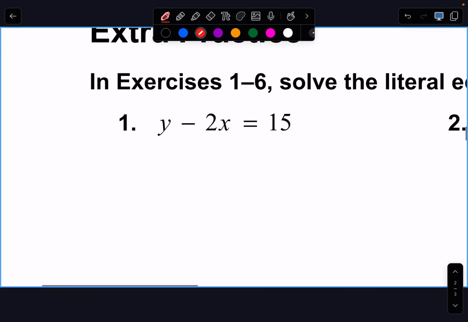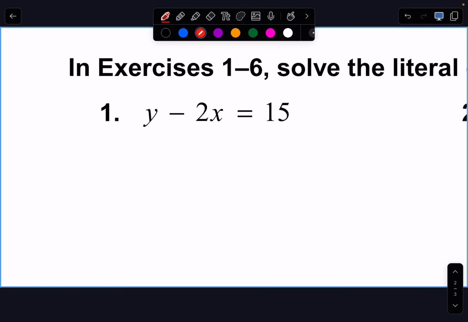Solve the literal equation for y. So I want everybody to circle y. Did you circle y? I want y to be by itself. So, how is 2x tied to y? Okay, it's subtracted. So how do we undo subtraction? Addition. We add.